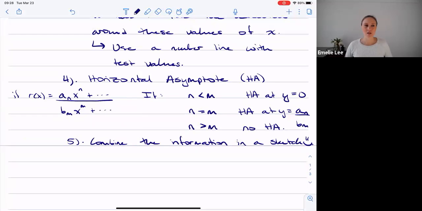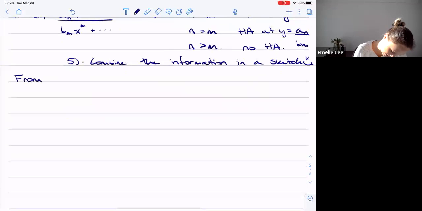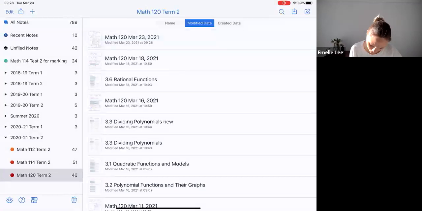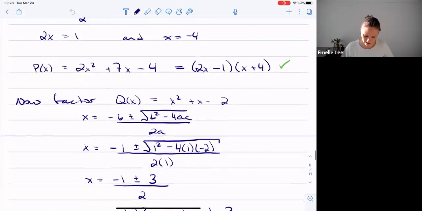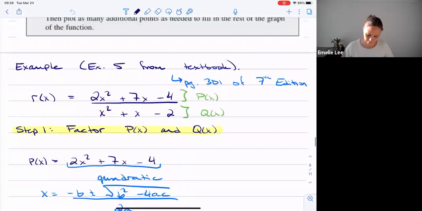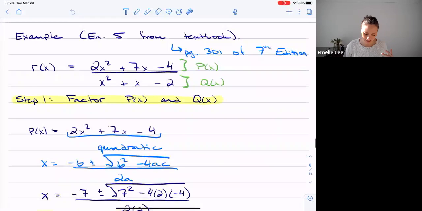Okay. So from last day, I just want to summarize. What did we find? We were working with this function, 2x squared plus 7x minus 4 over x squared plus x minus 2. First thing we did was factor this.